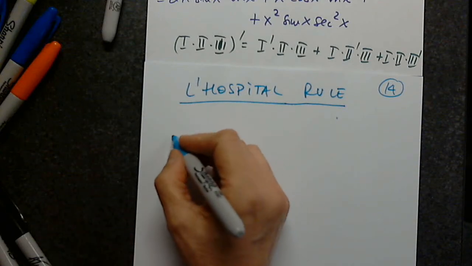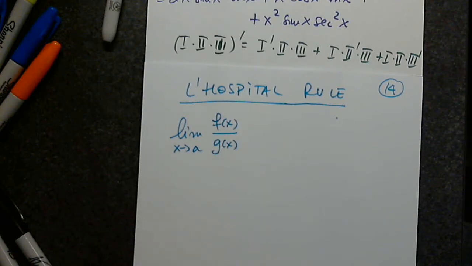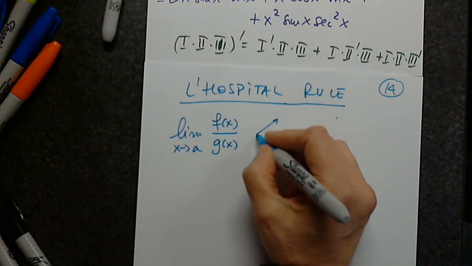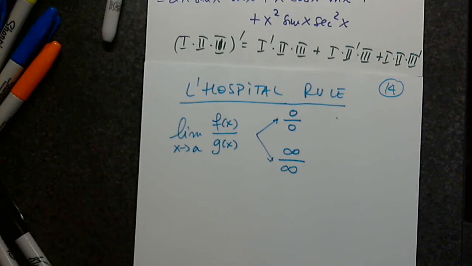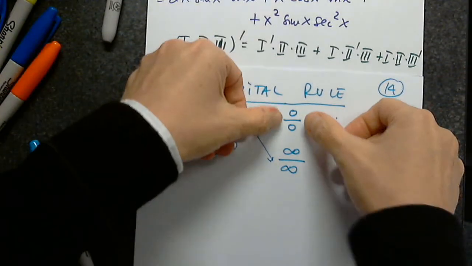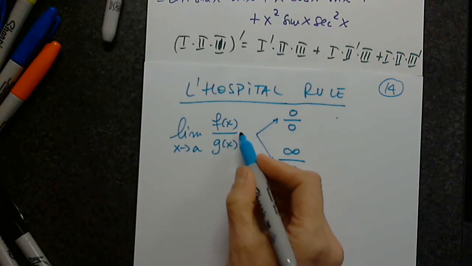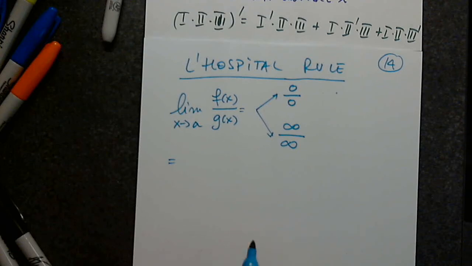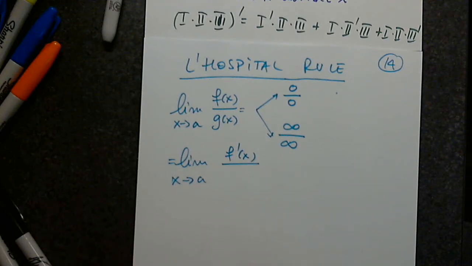He said this: if you're trying to find the limit as x approaches a of a ratio, and you plug it in and you get only one of these two indeterminate cases, 0 over 0 or infinity over infinity, you can determine the limit by simply not applying the quotient rule, but by simply differentiating the top by itself as if it's alone on the planet, and the denominator by itself as if it is alone on the planet.